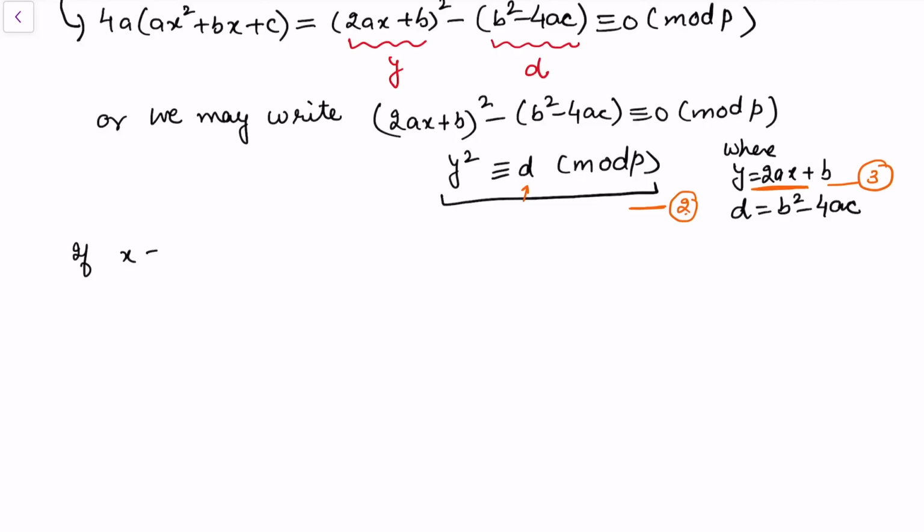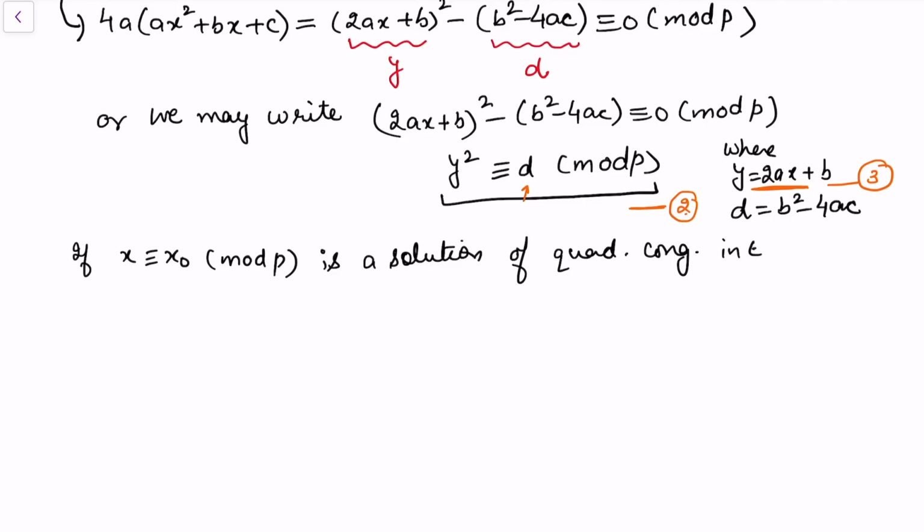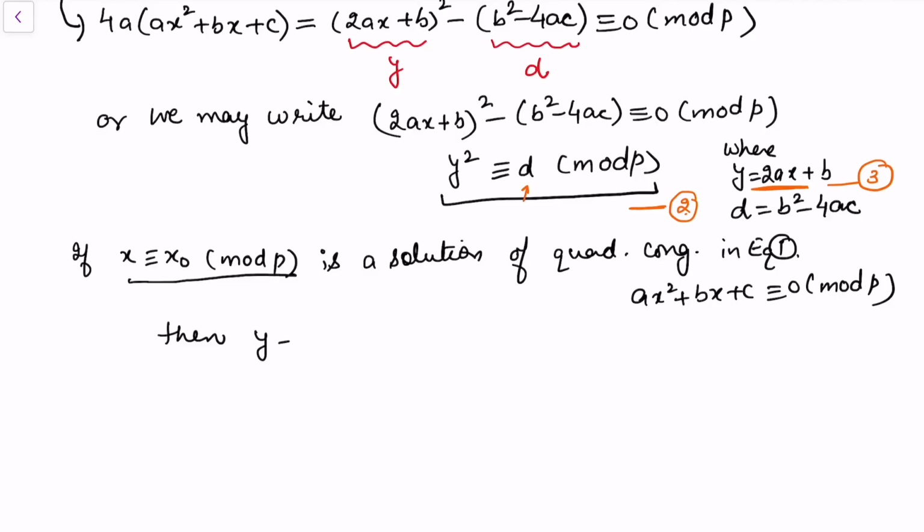If x congruent to x naught modulo p is a solution of the quadratic congruence in equation number 1, that is ax square plus bx plus c congruent to 0 modulo p, then automatically by our conversion, y is congruent to 2 times a x naught plus b modulo p.